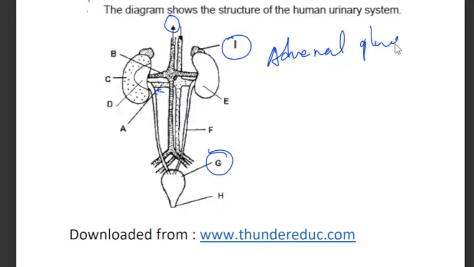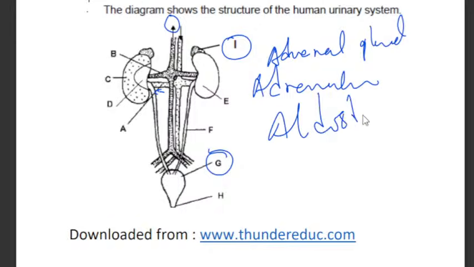And then I is the adrenal gland. This is the gland we talked about, that it produces adrenaline and aldosterone.